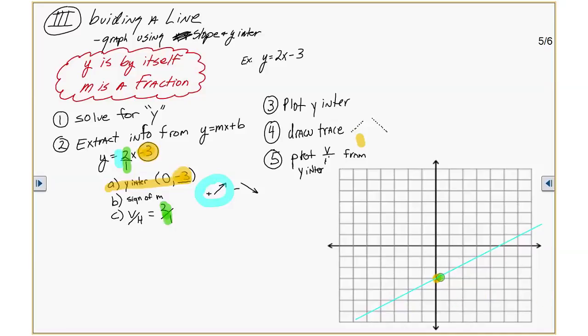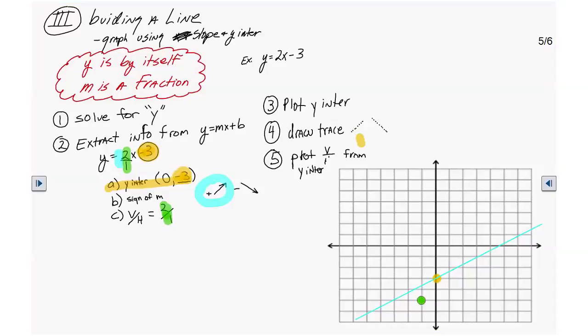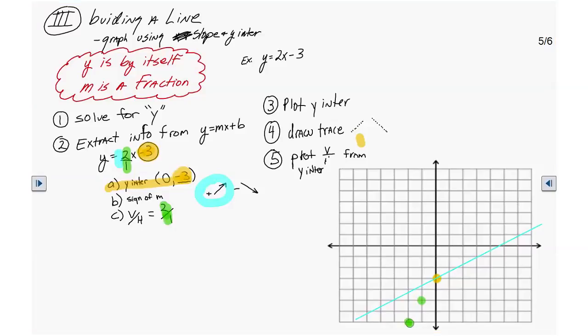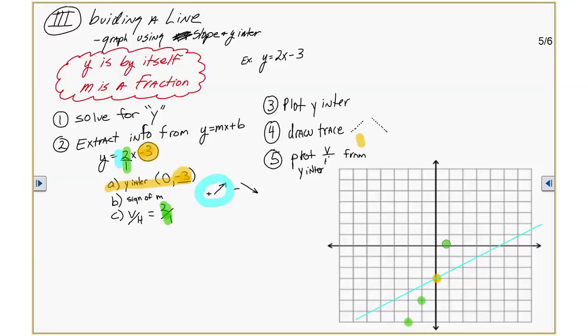So I go down 2 over what? 1. So down 2 over 1. Down 2 over what? 1. So I want to go up 2 over what?